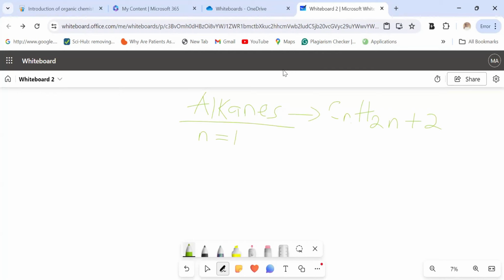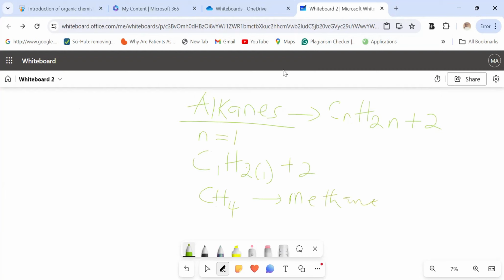You have C1H2 times 1 plus 2. So C times 1 is C. Then H: 2 times 1 is 2, plus 2, so we have 4. So we have CH4. This is an example of alkane, and it is called methane.